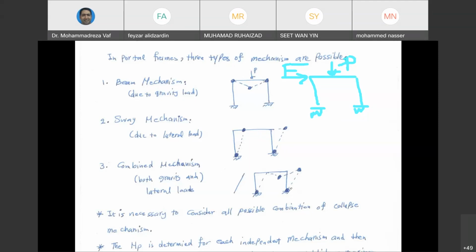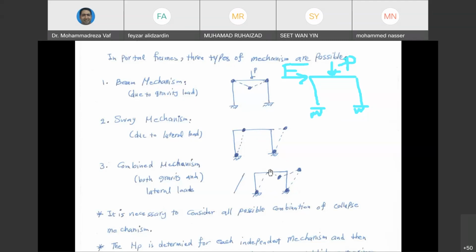When it comes to the combined mechanism, again, if the support condition is fixed, 2 of your plastic hinges are going to be at the support. And of the other 2, one of them is going to occur under the point load. The other depends on the geometry of your frame. So it is either going to be on the right side or on the left side of your frame, basically.